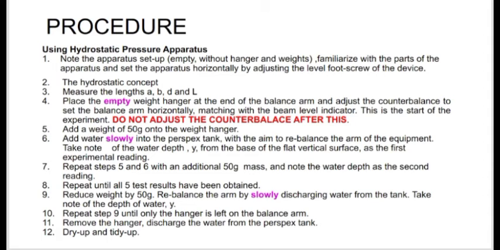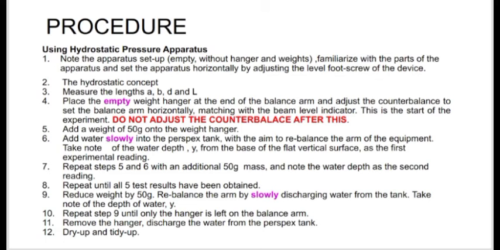Step 7, repeat steps 5 and 6 with an additional 50 g mass and note the water depth as the second reading. Step 8, repeat until all 5 test results have been obtained. Step 9, reduce weight by 50 g.